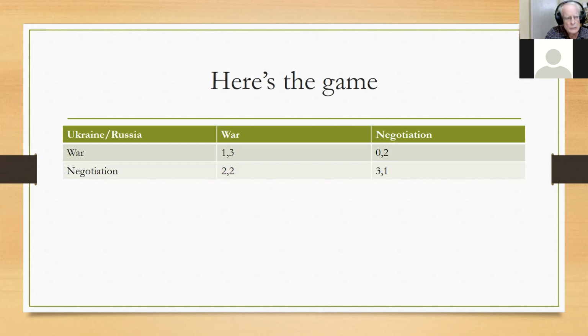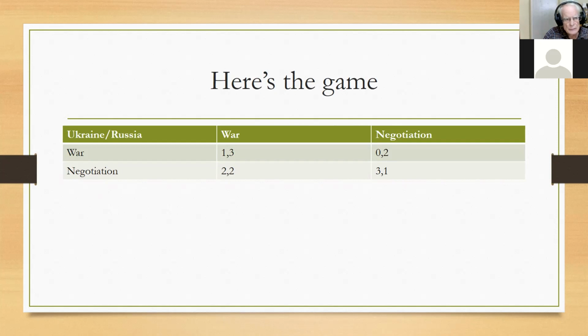If Ukraine goes with negotiation, for Russia it would be better to have war again. So whatever Ukraine decides, Russia always decides war. So there are two dominant strategies, for Ukraine and for Russia. So we also have a Nash equilibrium here, because we have two dominant strategies.